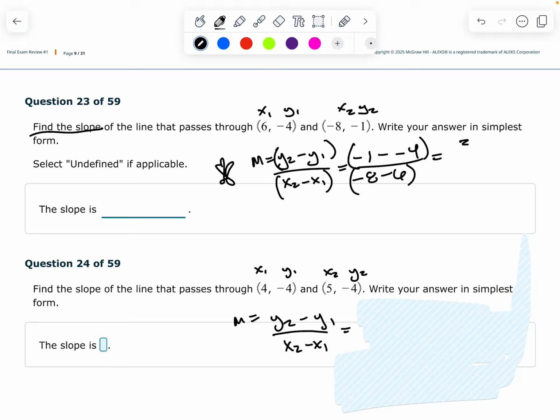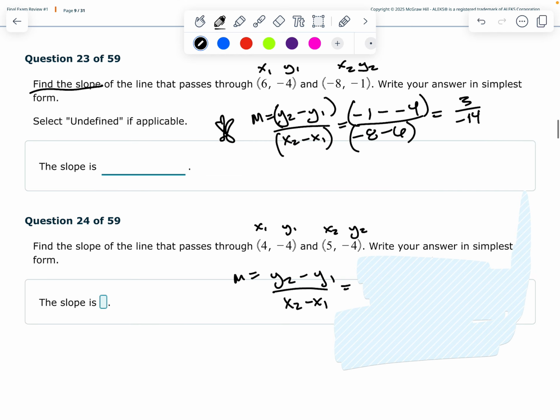And that's going to give me 3 over negative 14. I hope I did that right. Let me type in my calculator. Negative 1 minus negative 4. Negative 8 minus 6. Okay, I think I've got the right thing here. All right, do the same thing on the next one.